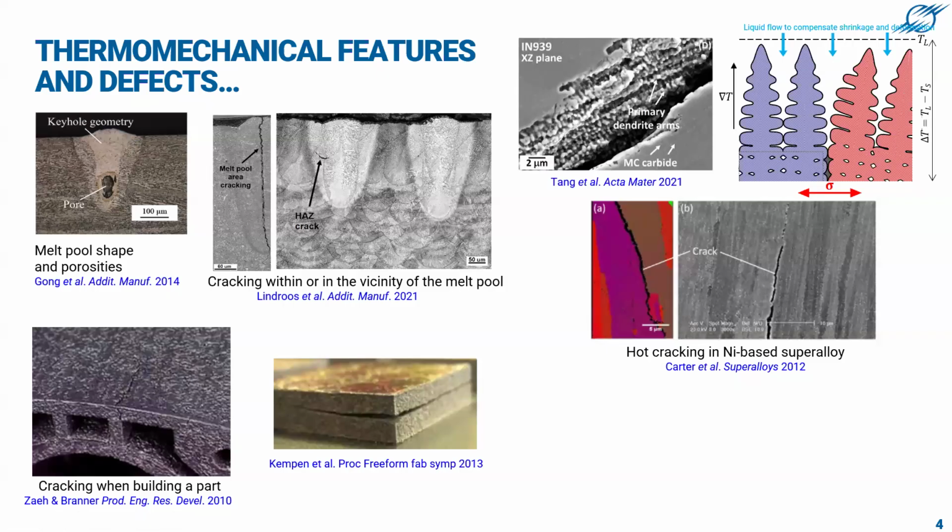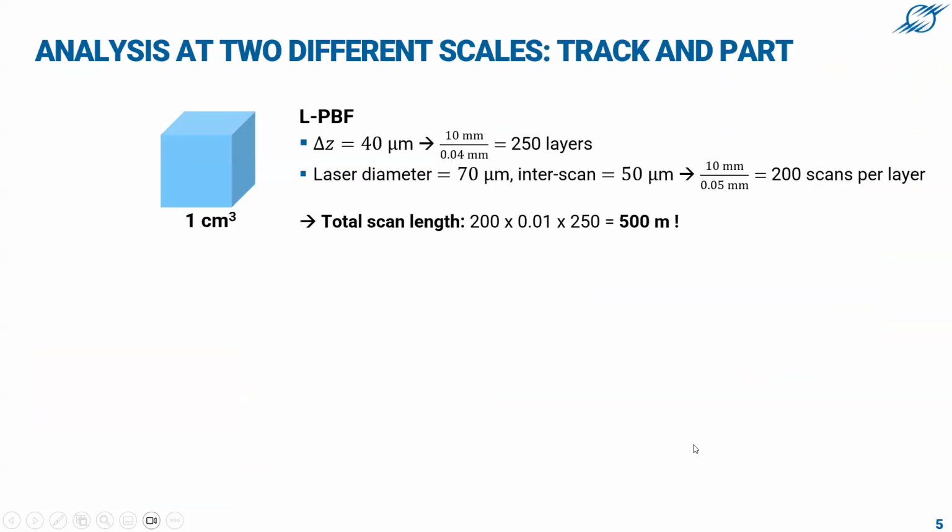It will be at a fine scale, at the melt pool scale, I would say, for solidification cracking or cracks in the vicinity of the melt pool, but it can be at a more macroscopic scale to study cracks occurring during the construction of a part. Okay? And then that leads us to consider very differently track and part scale.